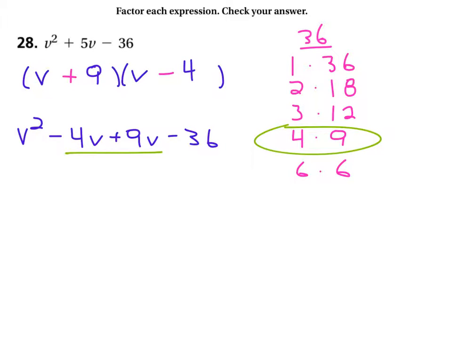They're like terms, so we can combine them. And then we've got V squared, -4 plus 9 is positive 5, positive 5V, minus 36. And if we look, that's what we started with, V squared plus 5V minus 36. So we did it right. Check. Done.